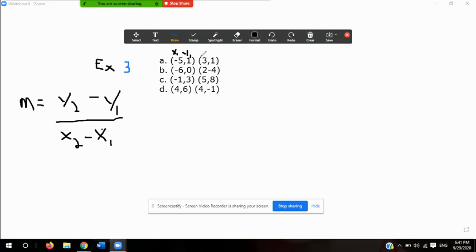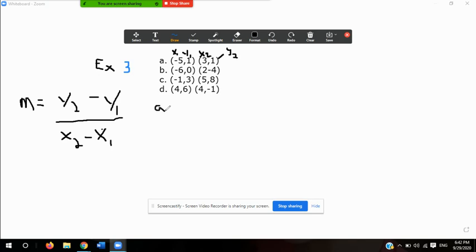And then the other pair, we have x sub 2, and the 1 right here would be y sub 2. And that applies to all of them. So all I'm going to do is plug in the numbers for A.